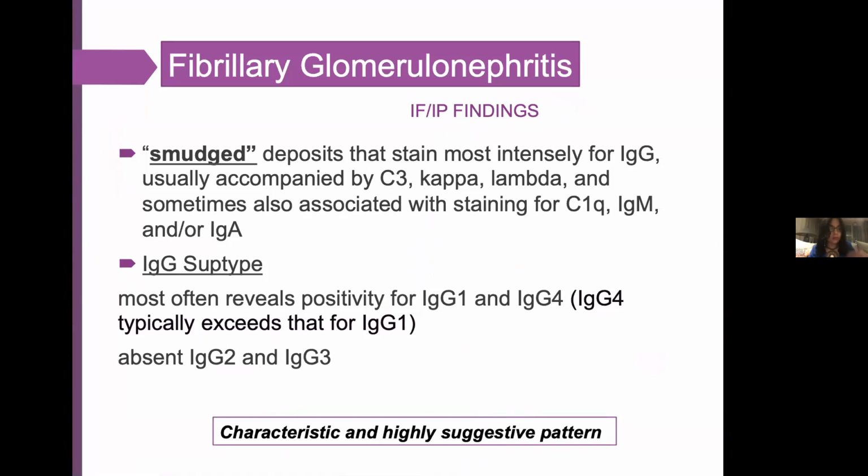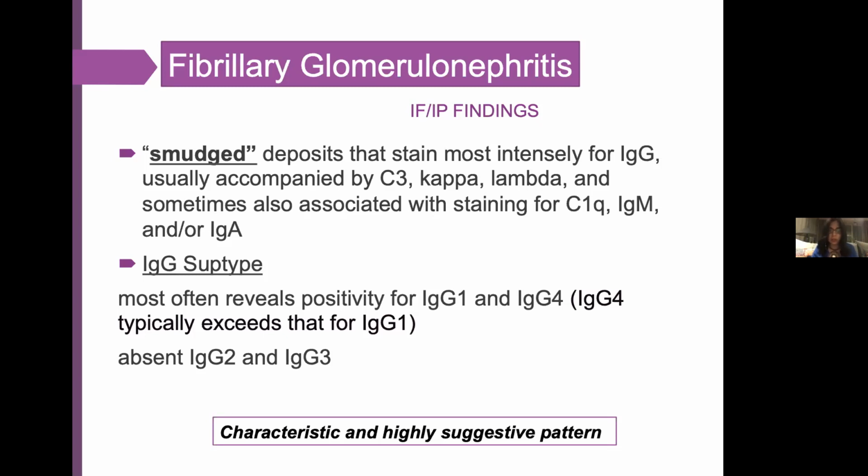Although what we usually knew is that fibrillary glomerulonephritis is a diagnosis of electron microscopy, fibrillary is one, again, of the glomerulonephritides which has a characteristic and highly suggestive pattern on immuno, similar to other GNs, for example, like I said, in dense deposit disease, where even though it's a diagnosis of EM, you can still know it by its light microscopy and immuno findings. Same for fibrillary. It has characteristic smudged deposits.